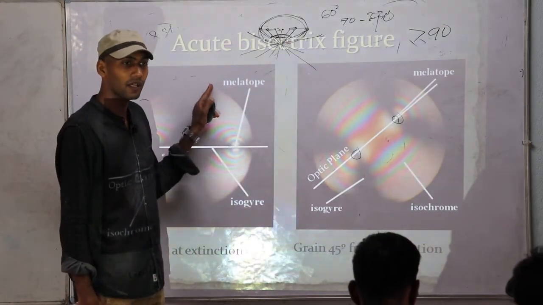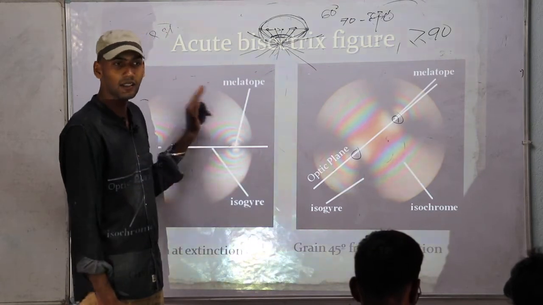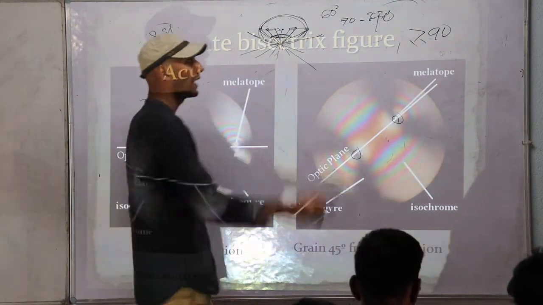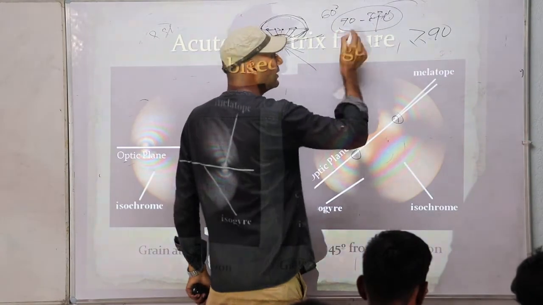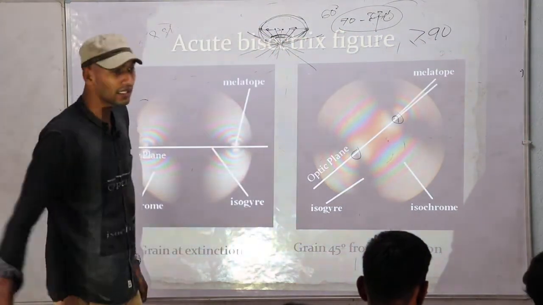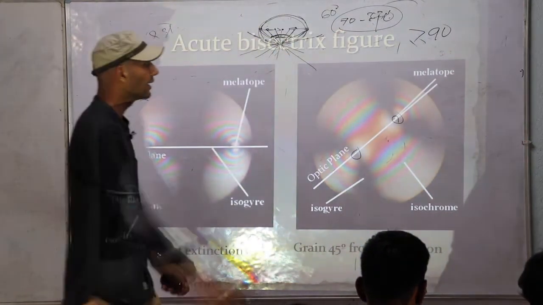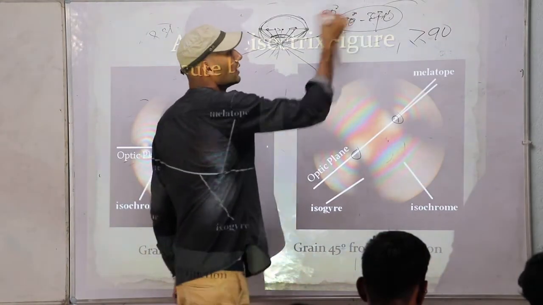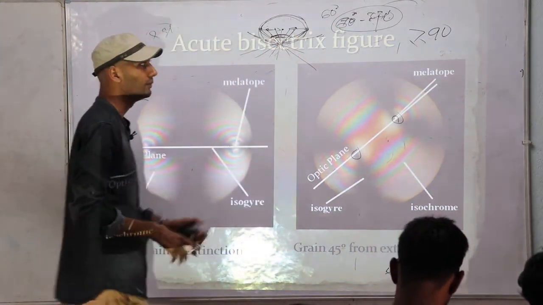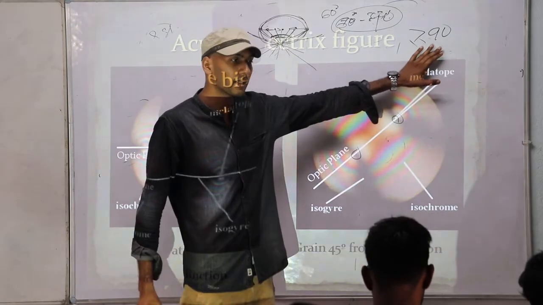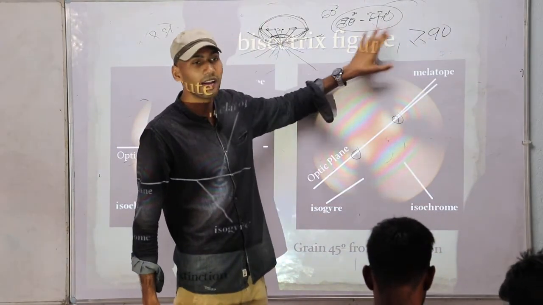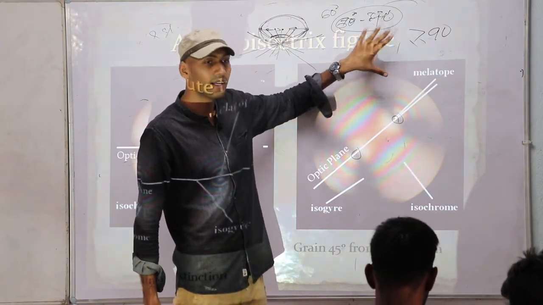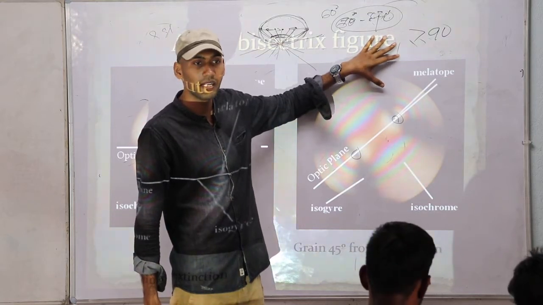There are two figures: acute bisectrix and obtuse bisectrix. The acute bisectrix figure with angle greater than 60 degrees and the obtuse bisectrix figure cannot contain the melatopes. Got that?